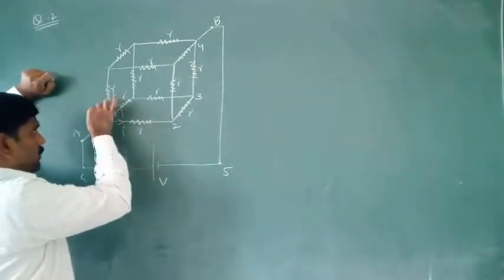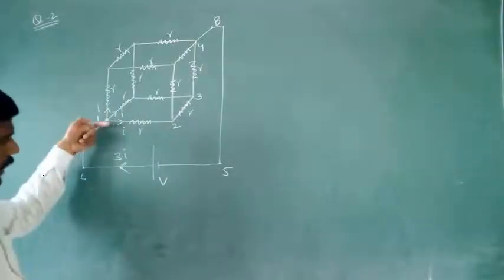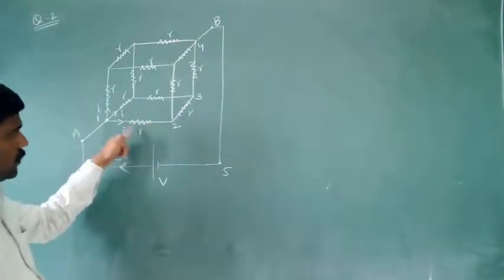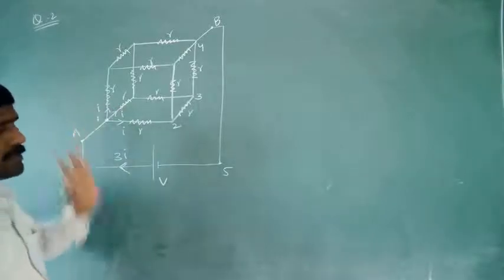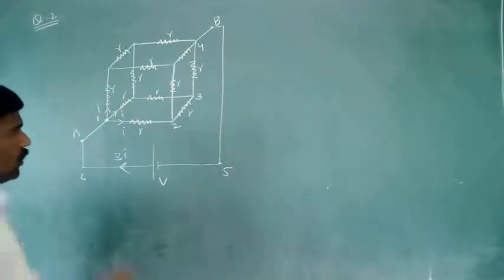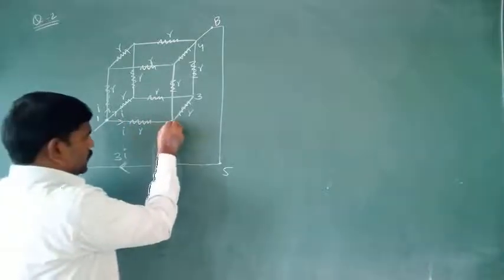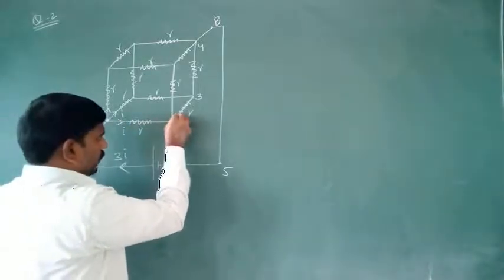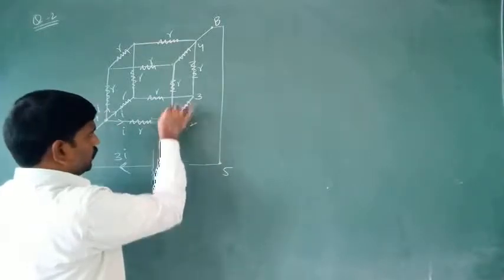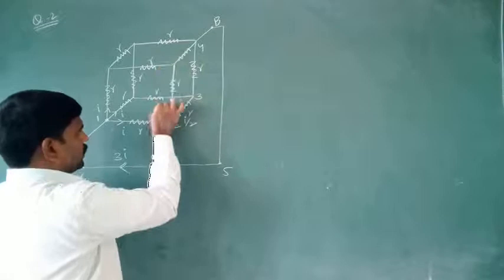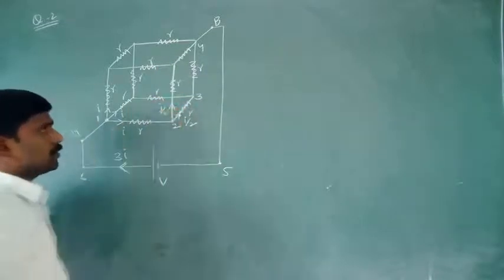the equal current I amperes is passing through each of the three resistors. When this current approaches junction 2, I by 2 current is passing through this resistor, and again I by 2 through this resistor.